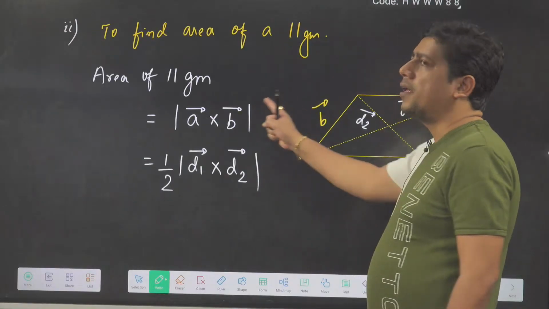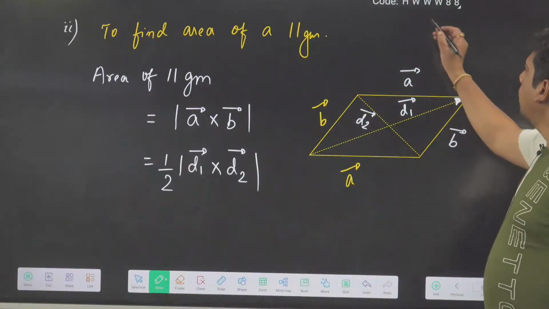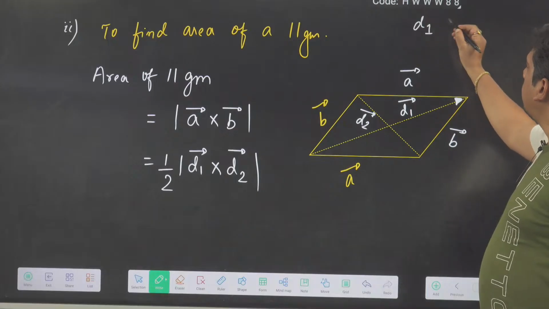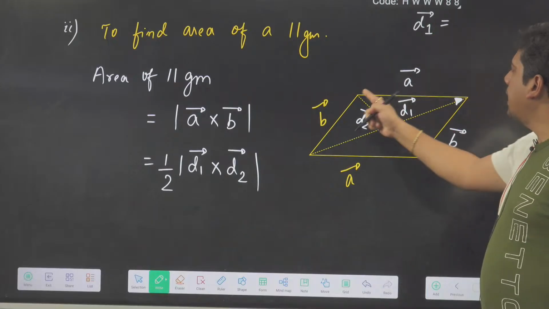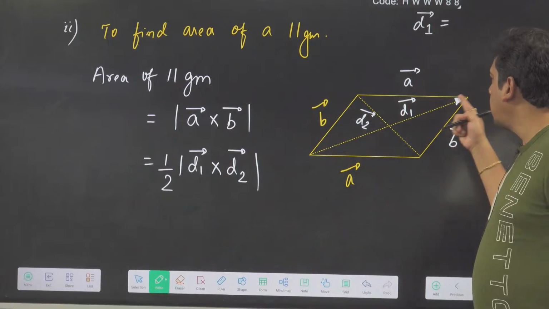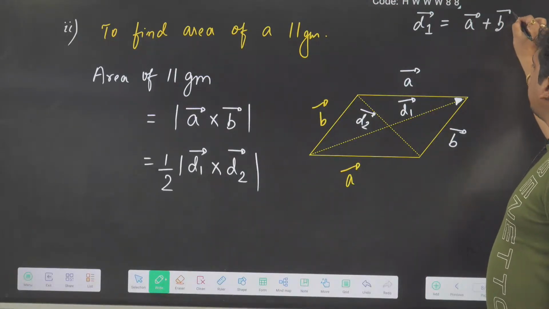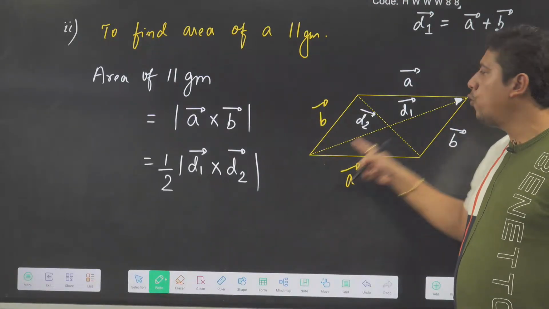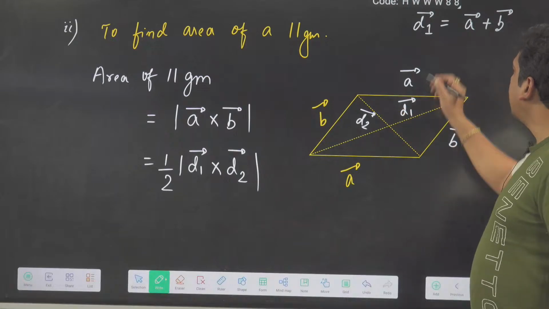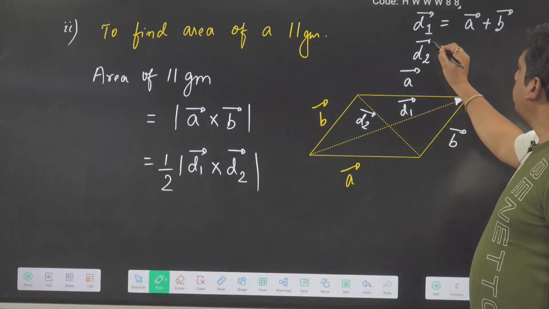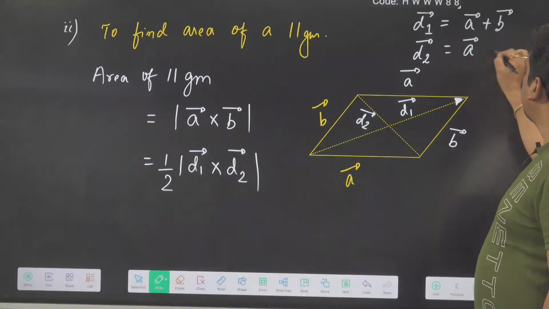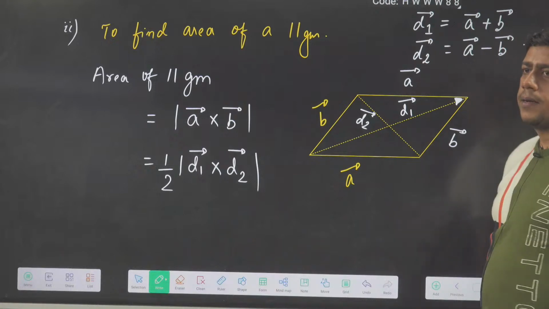Okay? Now if you focus here, this point we have already used. Tell me, what is D1 vector? If you remember, in a parallelogram, this resultant D1 vector is nothing but A vector plus B vector, addition of these two, the diagonal. And second diagonal, I told you, it is a subtraction, which is A vector minus B vector.